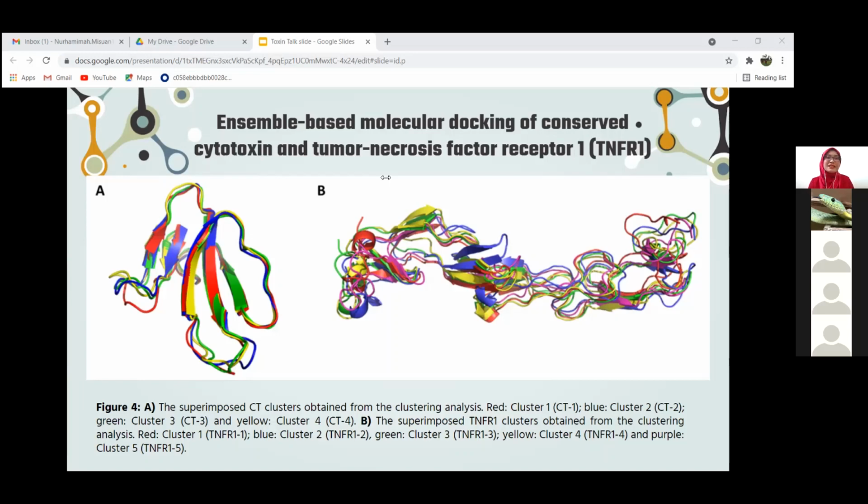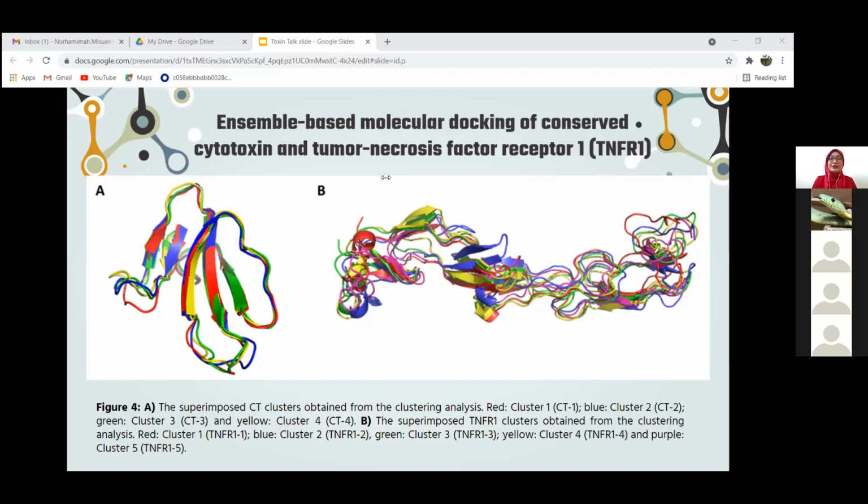RMSD-based clustering was performed to select the most relevant representative conformational ensemble of CT and TNFR1 from the MD trajectories. So a total of 4 clusters of CT from this figure, CT1 to CT4, and 5 clusters of TNFR1 from this figure B, TNFR1 to TNFR15, were obtained.